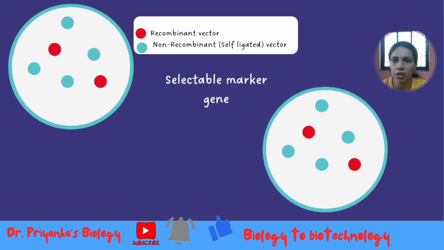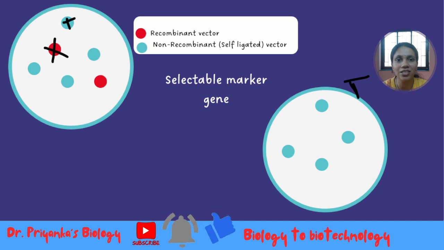Now this is the original plate, and in this plate we have added tetracycline. In the recombinants the tetracycline resistance gene is broken, whereas in the non-recombinants we know the tetracycline resistance gene is intact. So only the non-recombinant cells will grow because they still have the tetracycline resistance gene intact.